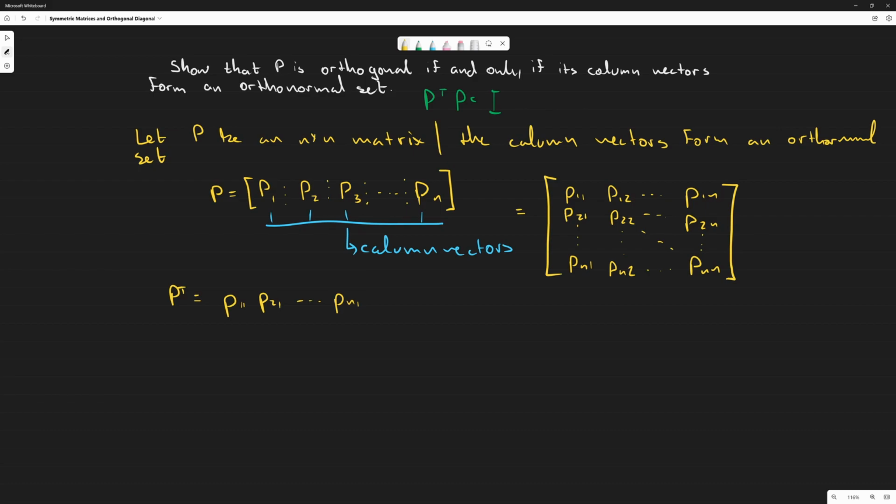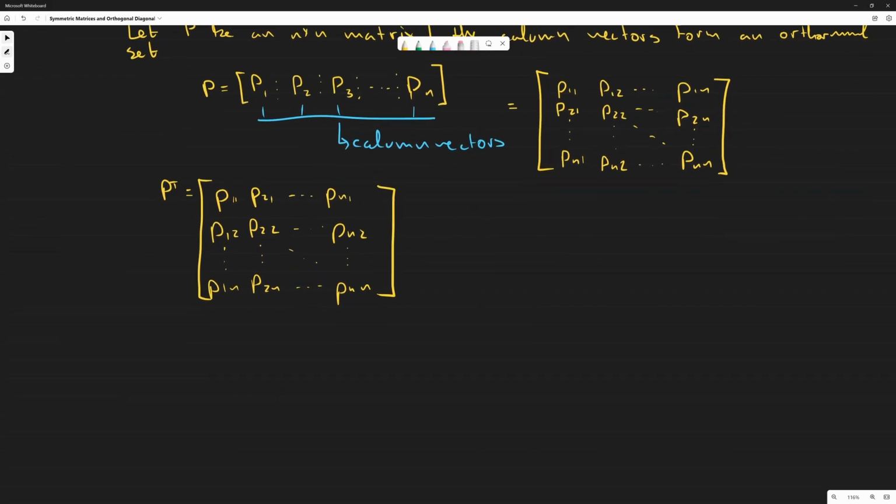In other words, the rows become the columns: P22, P12, all the way to Pn2, then P1n, P2n, and then Pnn. And that is our transpose.